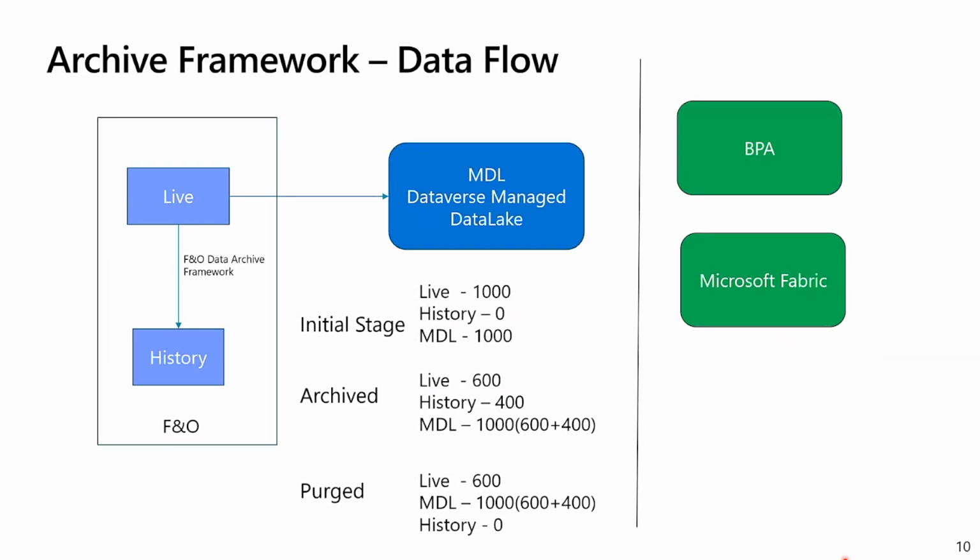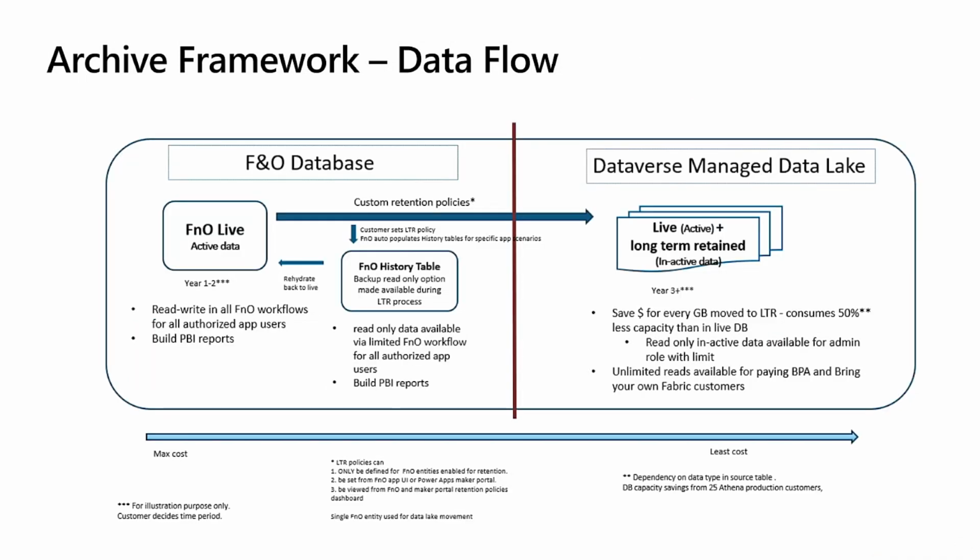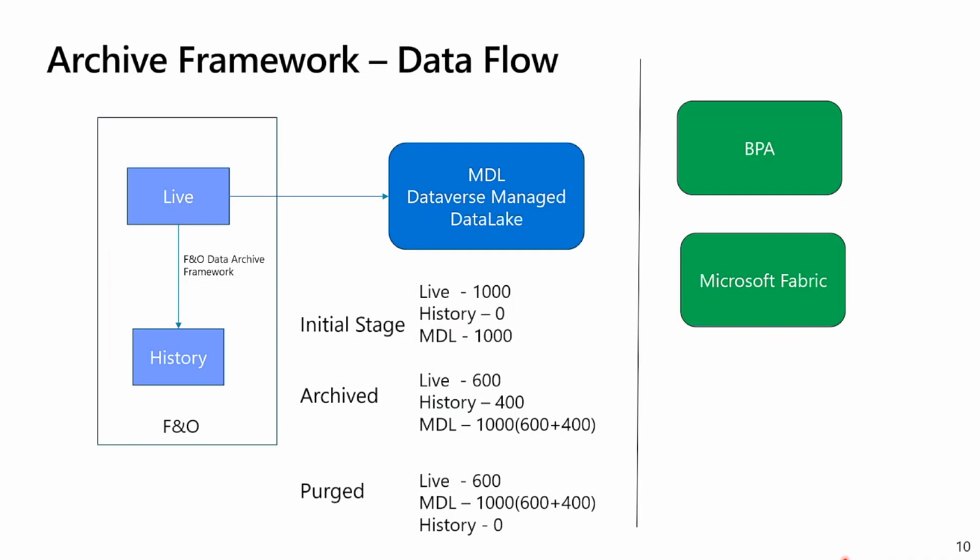Now, if we look at this data movement in a more visual format, we'll do some calculation of how it works. It's simplified with some numbers. You can see live FNODB, then a history table, and then the managed lake.